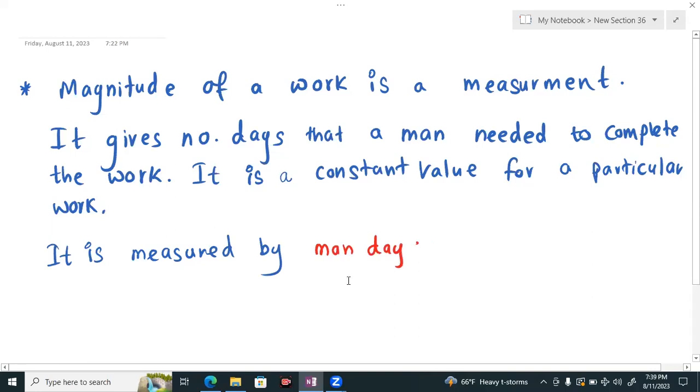So the magnitude of a work is a measurement. It gives the number of days that a man needed to complete the work. It is a constant value for a particular work. It is measured by man days. These three things are very important to do calculations related to inverse proportions. Please write this down as a summary.